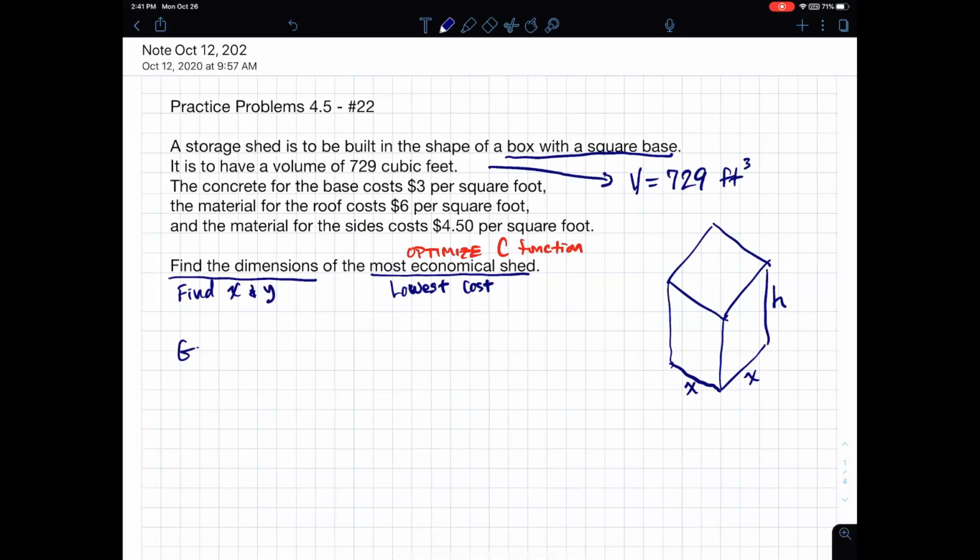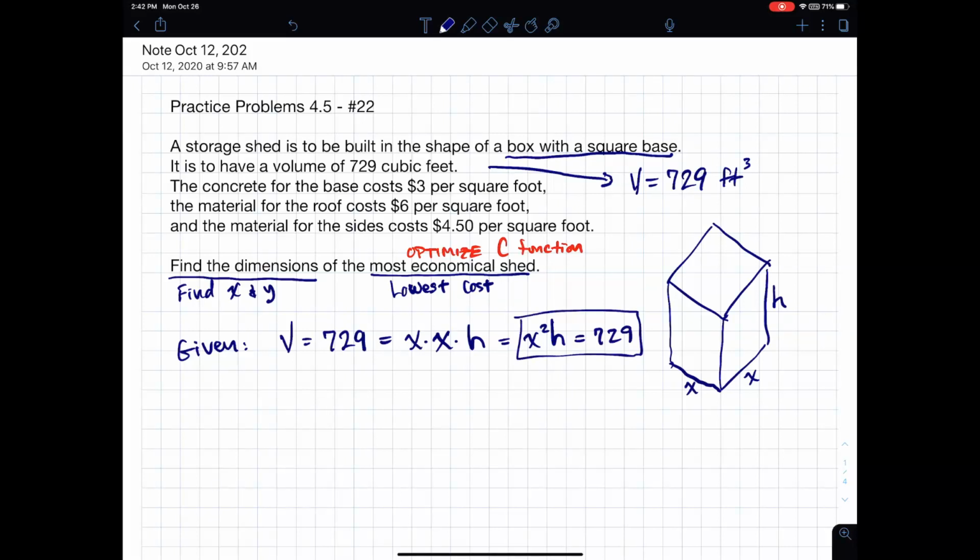So given the volume is equal to 729 cubic feet, but I know from my definition of X and H that this is equal to the length times the width times the height, which in this case is X times X times H, or we'll simplify by saying X squared H. So X squared H is equal to 729. I'm going to put that result here just to put it in a box.